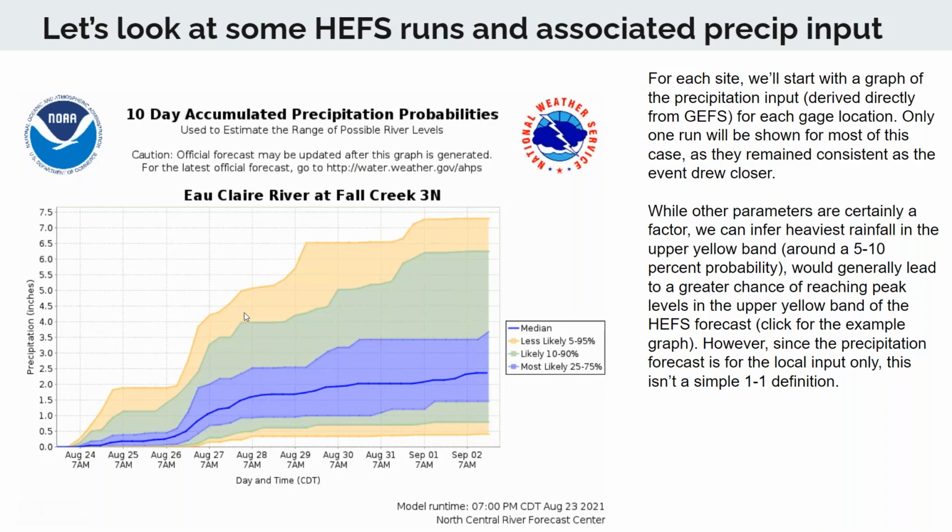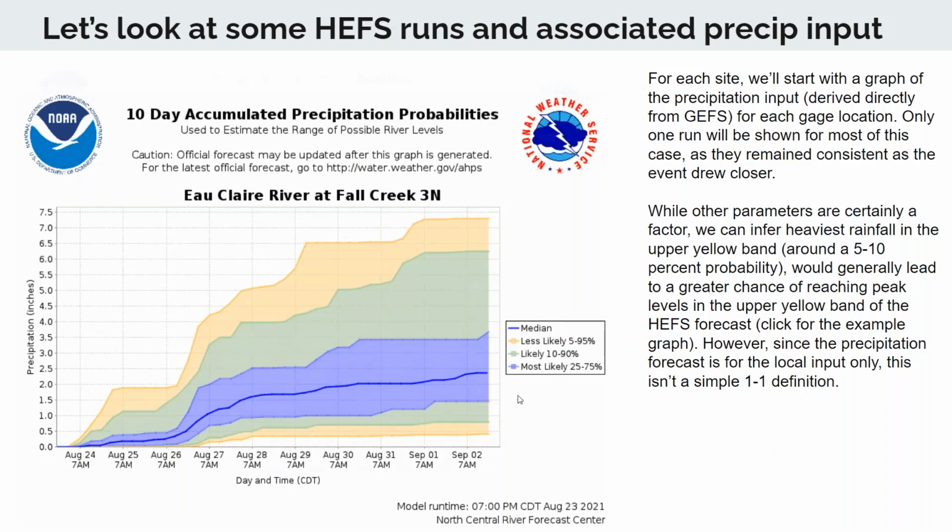If we get, in this case, 4 inches of rain, we would expect a forecast up in the yellow on the HEFS graphic. That doesn't work that way because there's a lot of other factors working into it. But just something to keep in mind. This does give an example of what type of precipitation we might see in the local area based on the HEFS ensemble.